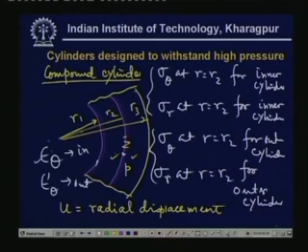Then once epsilon theta and epsilon theta prime are known, we know u and u prime, that is the displacement of any point on it. When we consider the point to lie on the first cylinder, let us call this u1, and when it lies on the second cylinder, we call it u2. So, it is possible to calculate u1 and u2 knowing epsilon theta and epsilon theta prime.